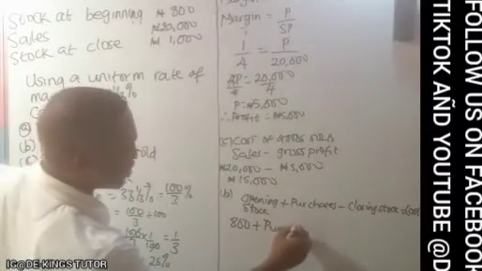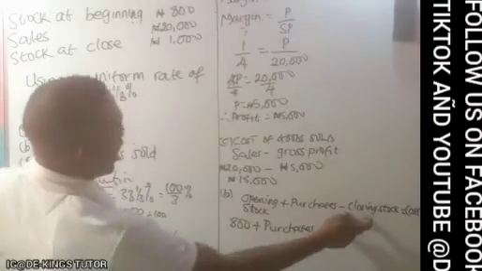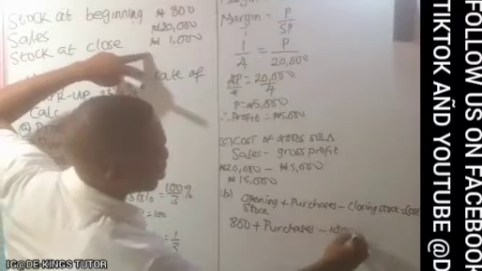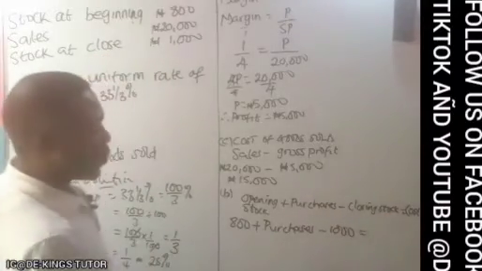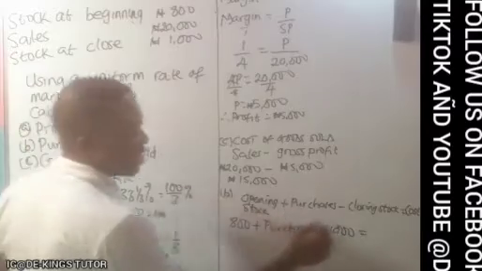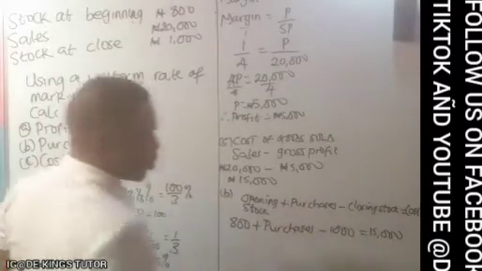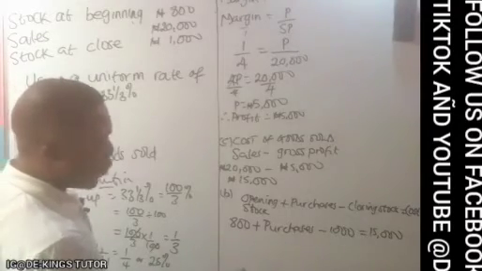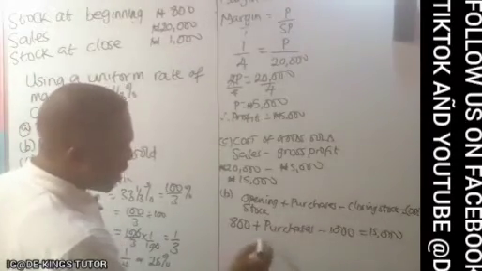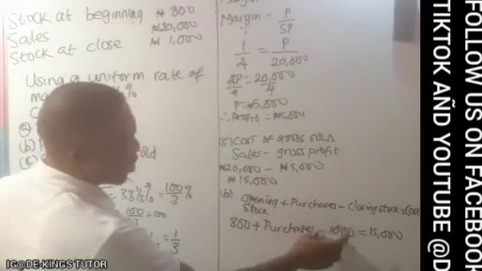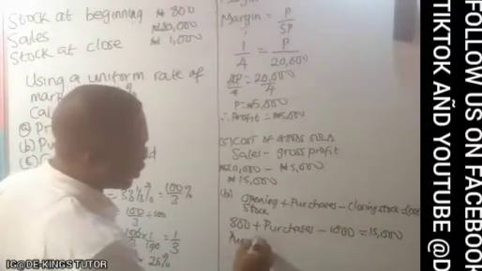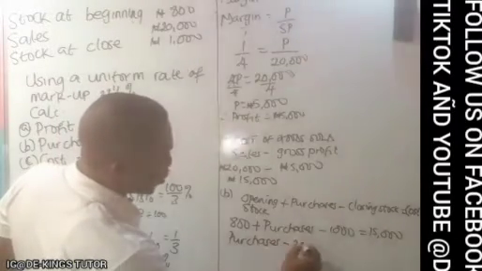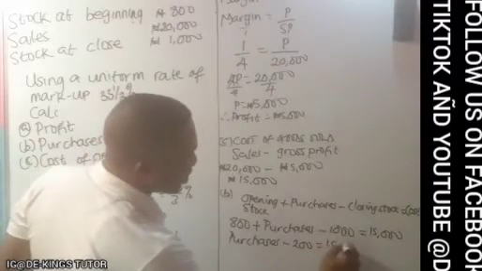So we have purchases, and 800 minus 1,000 gives us minus 200, equals 15,000.